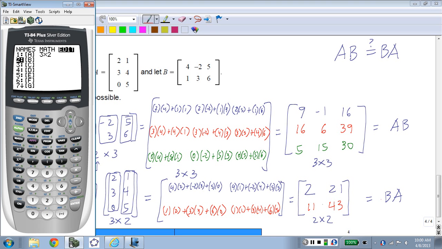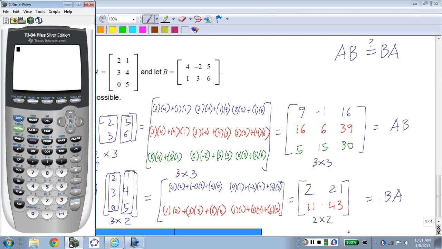Go in this time, I'll scroll down to matrix B. Edit this to be a 2 by 3 matrix. So that'll be 4, negative 2, 5, 1, 3, 6. Second quit.